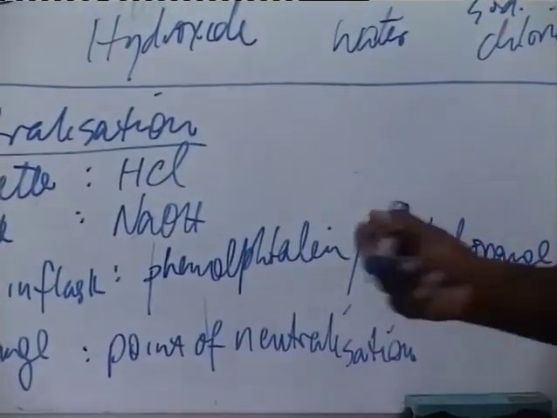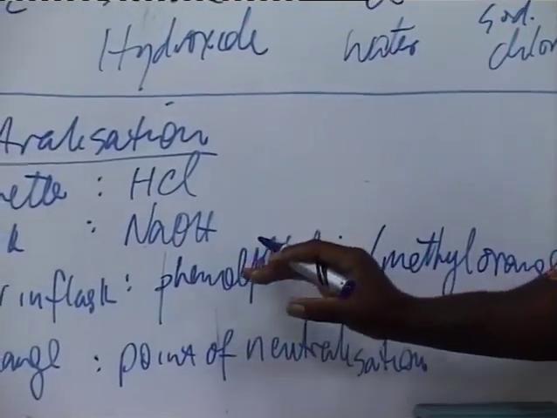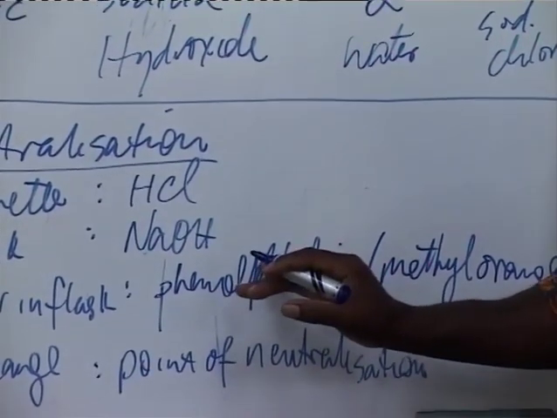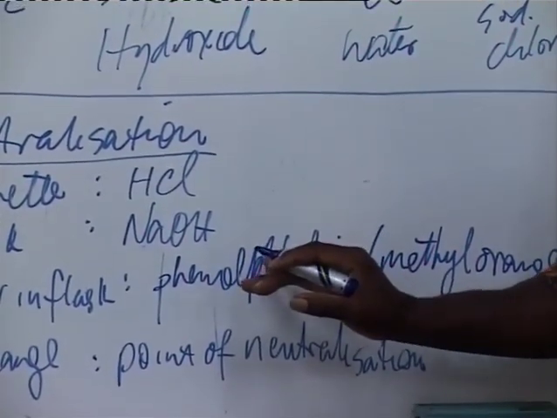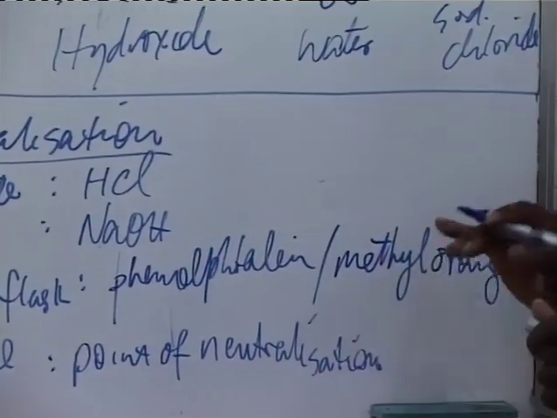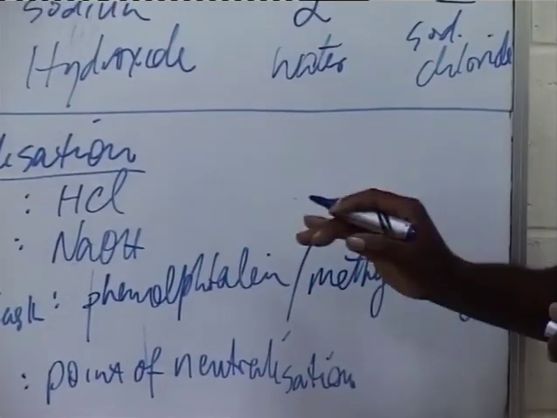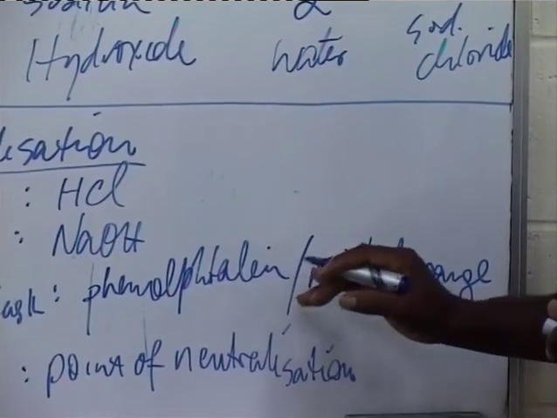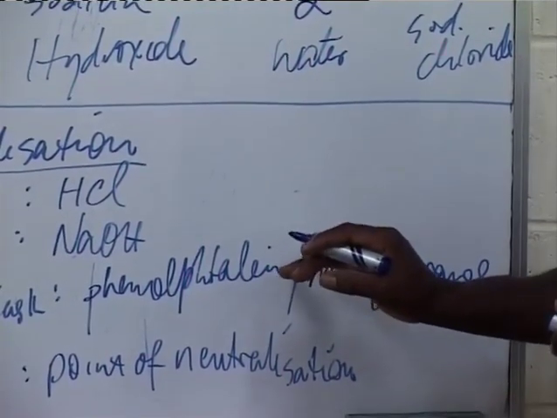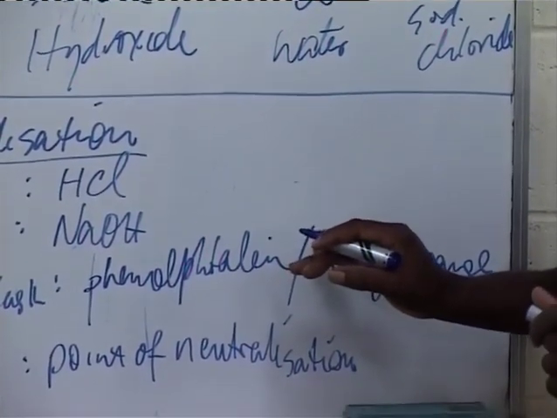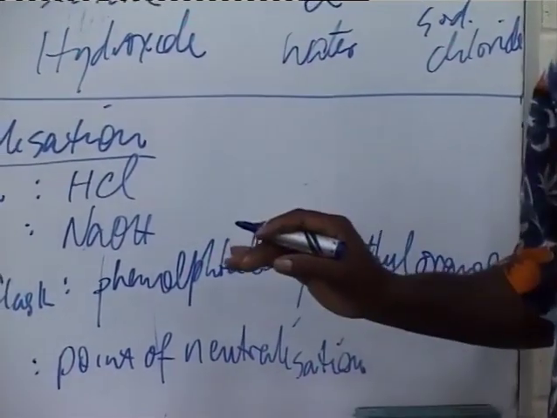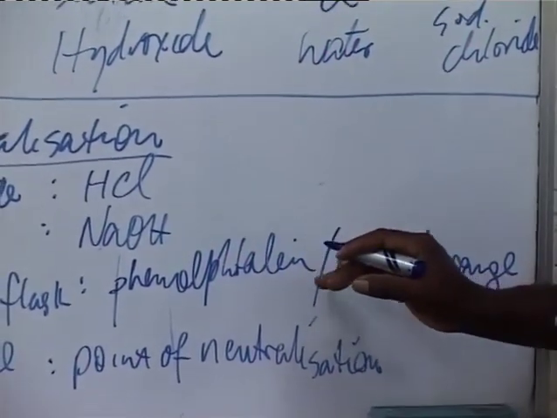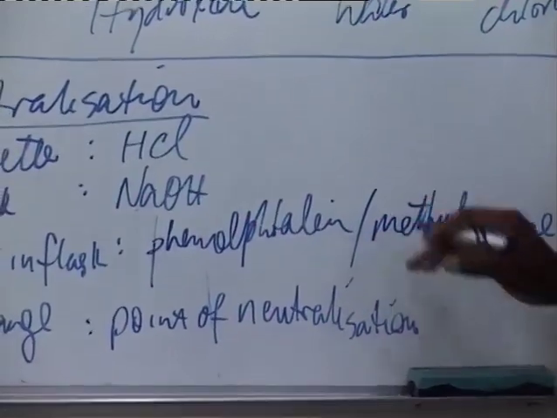Phenolphthalein, its color in acid is actually white or colorless, but in base it is pink. For methyl orange, in a base, its color is actually an orange kind of color or yellowish kind of color. And in acid, it changes to more of an orange color. Okay?